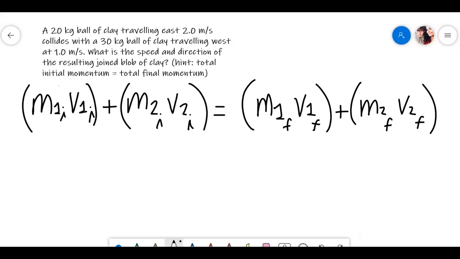So we have a 20 kilogram ball of clay traveling east with a speed of 2 meters per second. So the initial velocity is 2 meters per second.